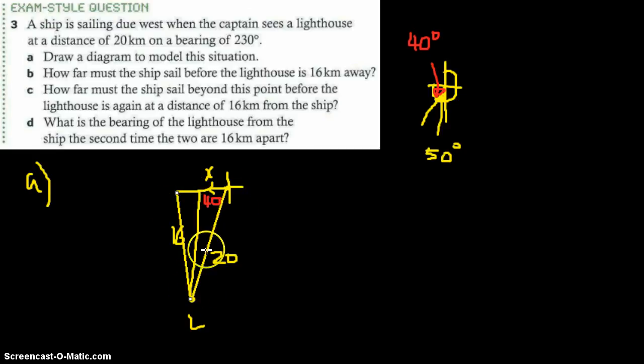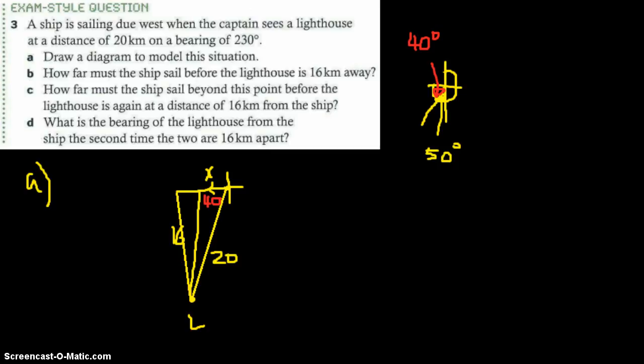So starting from 20, it keeps on going and gets closer and closer to the lighthouse, and then it hits a point where the distance is 16, and then keeps on going. It might get closer and closer, or further and further, but there's another location where the boat is also 16 kilometers away from the lighthouse, right?